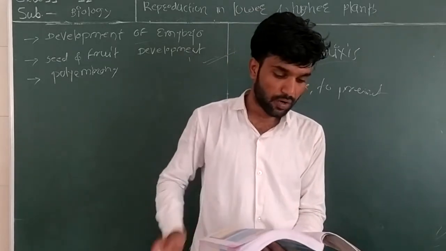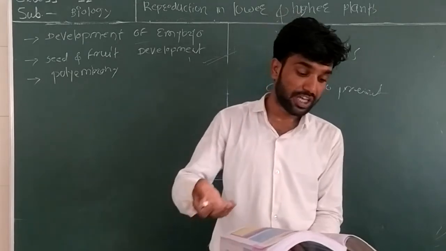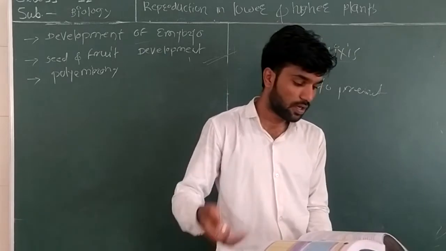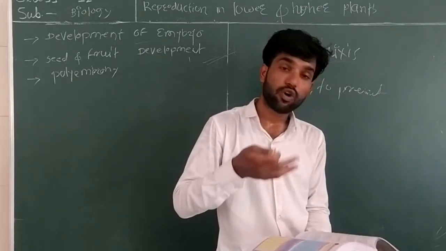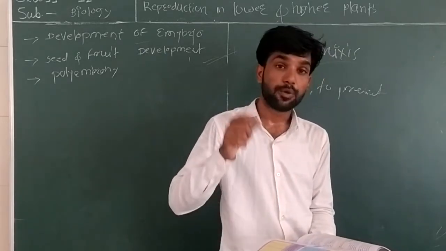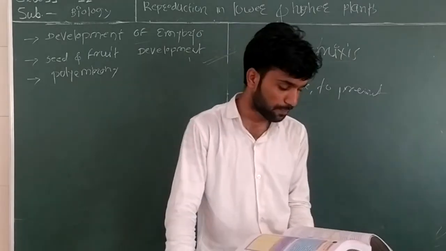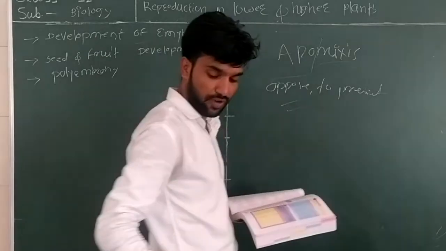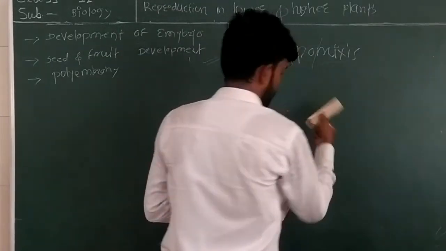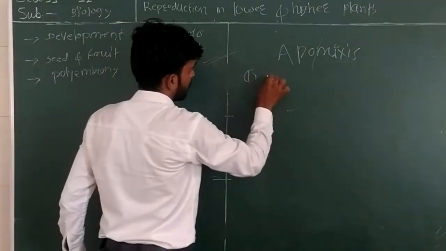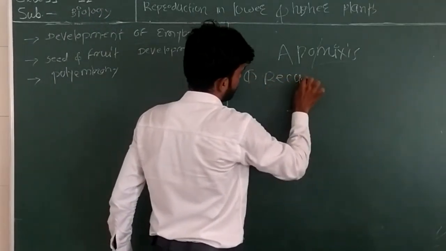When a gametophyte cell produces an embryo-like structure without fertilization or without any contact, it is called apogamy. Apomixis is divided into three types. The first is recurrent apomixis.